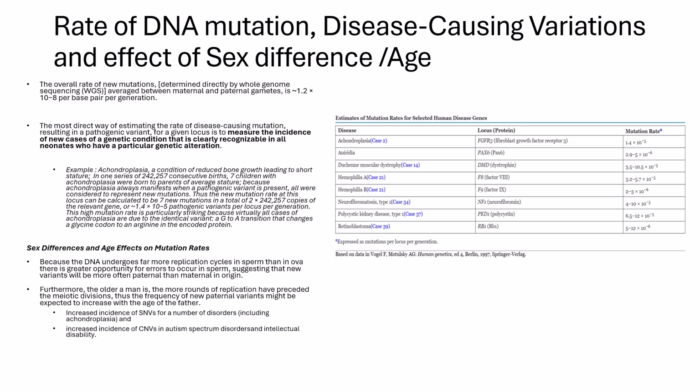Furthermore, in a man at old age, there will be more rounds of replication that precede the meiotic divisions. That means the frequency of new paternal variations might be expected to increase with the age of the father. So being an old father specifically will increase the incidence of having new variants.